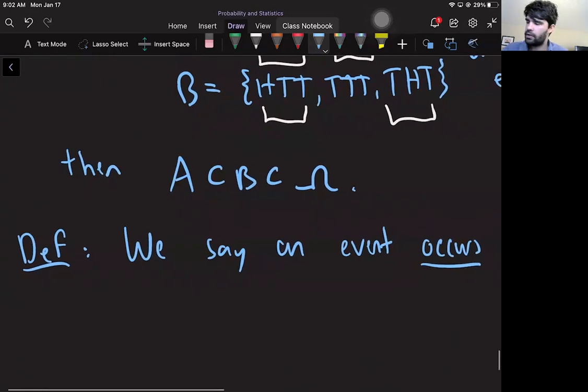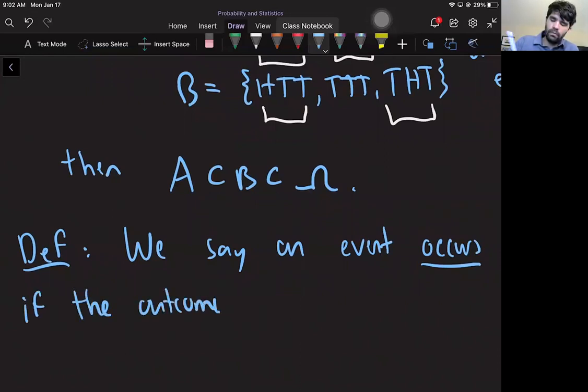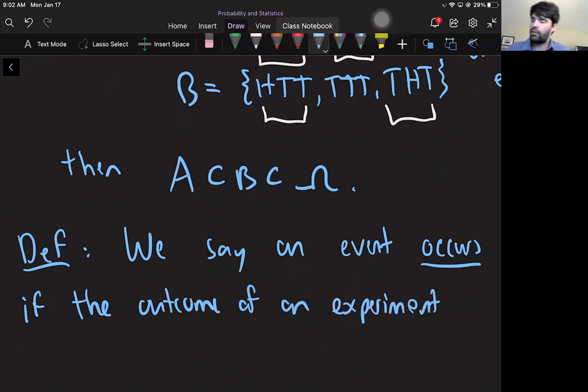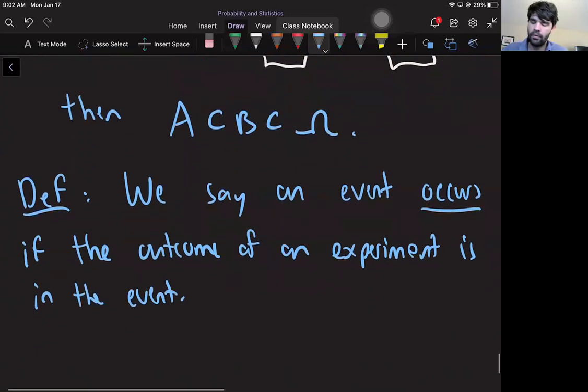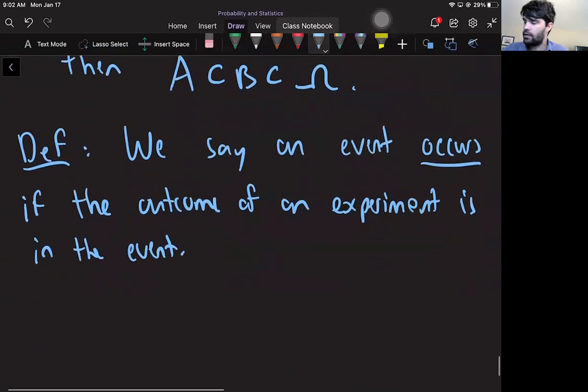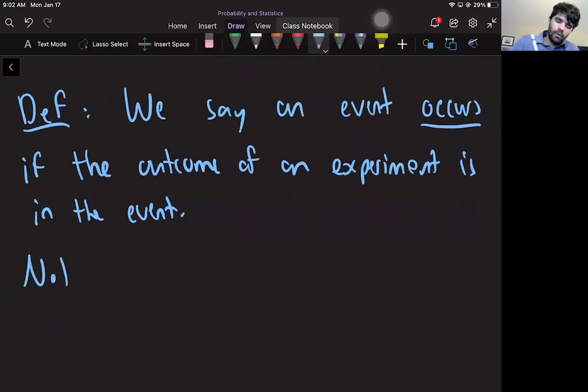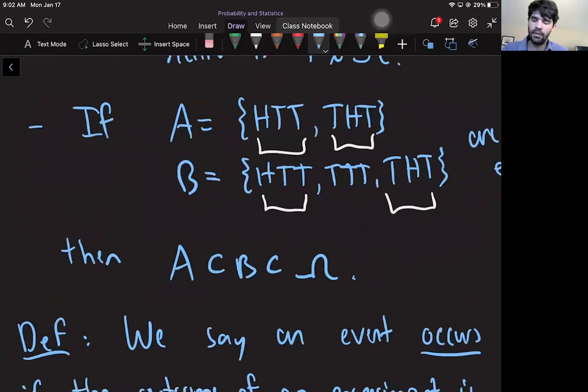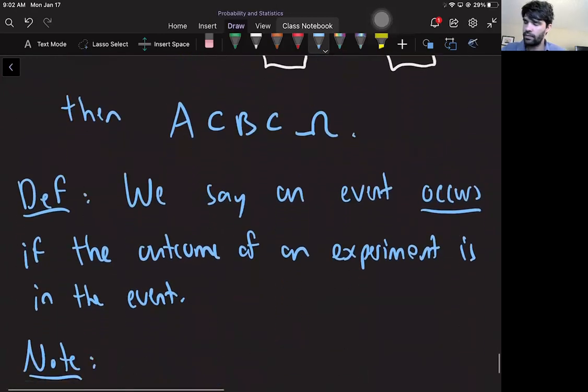It just means that when you actually do the experiment, you get outcomes, and if that outcome is in the event, then that's what it means for the event to occur. So we say an event occurs if the outcome of an experiment is in that event. So sorry, that definition is not what's relating these two things together. Like I said it would, the next definition is what will.